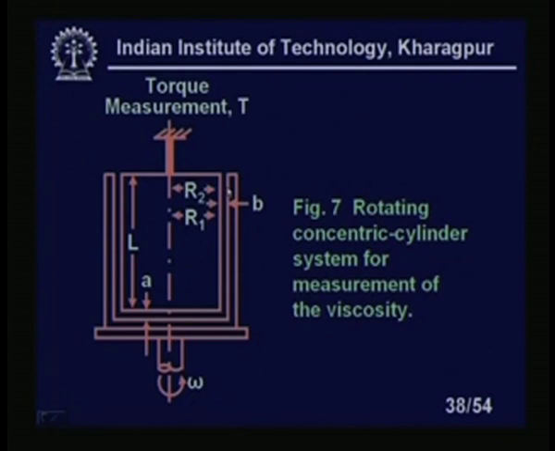That means R2 is equal to R1 plus B. B is the separation between the two cylinders, or R2 minus R1 is equal to B. That means the inner radius of the outer cylinder minus the radius of the inner cylinder is equal to B.